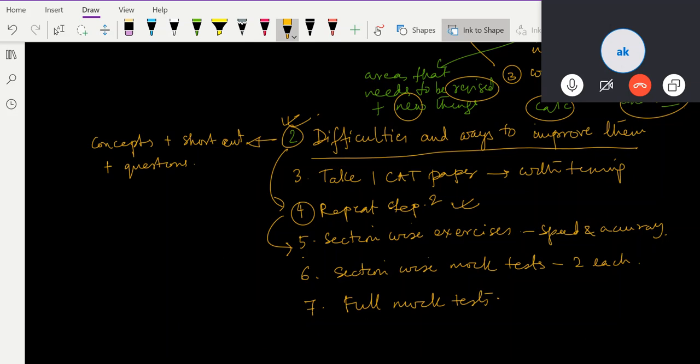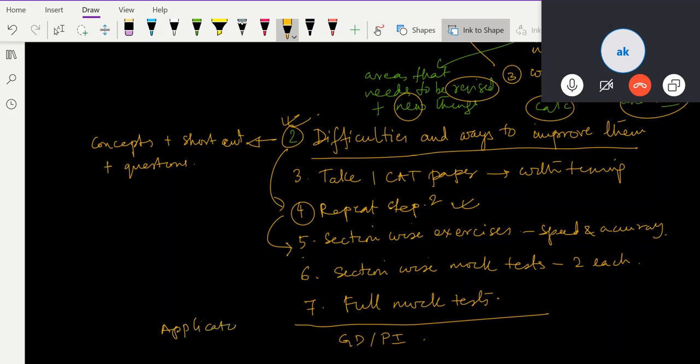And after that, once you go to the exam in November, we will start GDPI sessions, and along with that, I'll also guide you on how to fill in your application form.